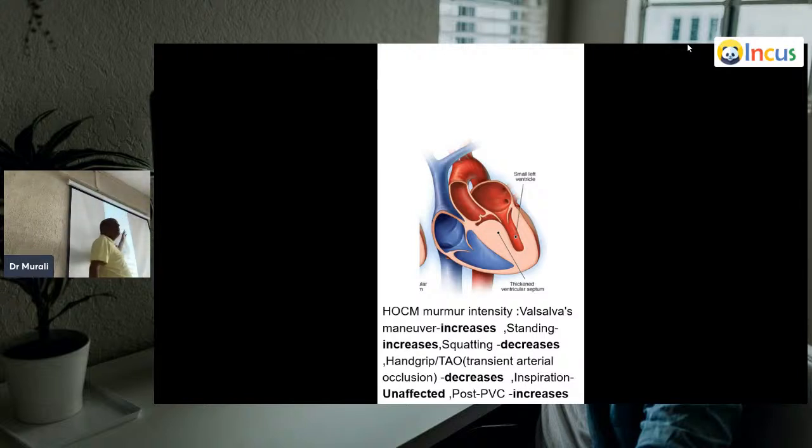Then, is HOCM a left-sided or a right-sided phenomenon? Left-sided. So left-sided lesions will not be affected by inspiration. Inspiration will increase the venous return on the right side, and hence it is unaffected.